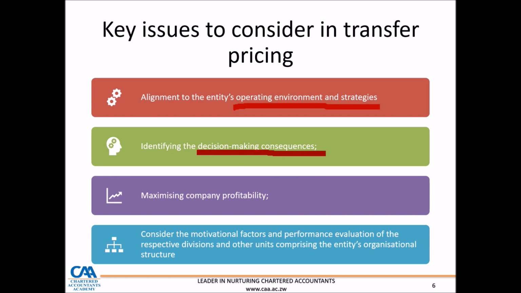Let's say, for example, management of division A are given a bonus based on profitability. But if they are then given a transfer price which is going to compromise their ability to earn a profit, it may affect our decision making, because that division may end up being penalized. But they are being penalized mainly because of a price that they can't control.